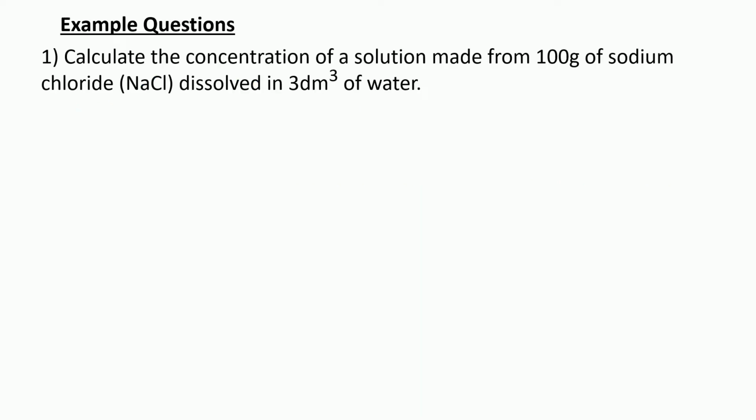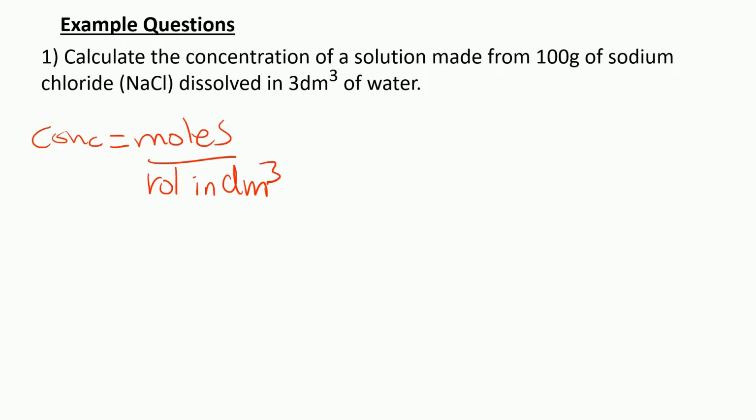Calculate the concentration of a solution made from 100 grams of sodium chloride dissolved in 3 dm cubed of water. So the equation we use is concentration equals moles divided by volume in dm cubed.